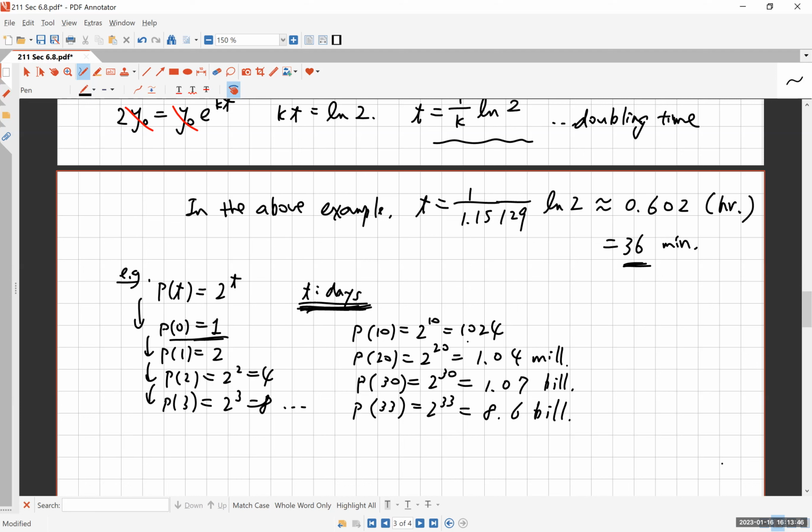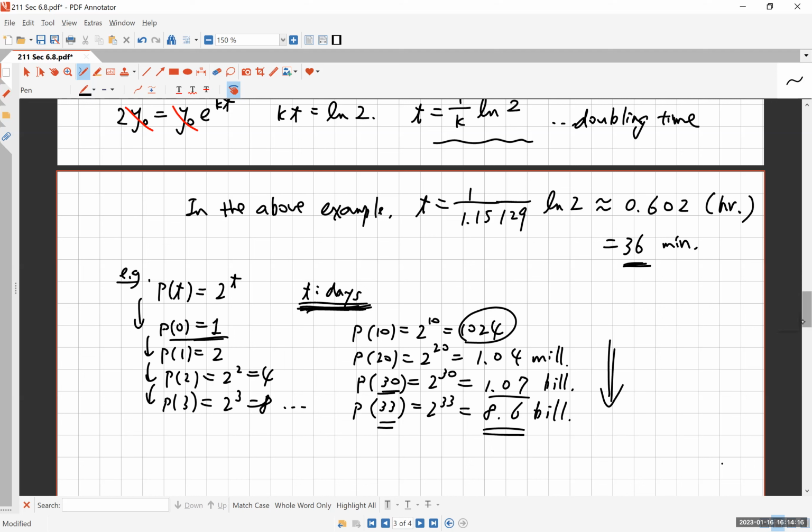Okay, after 10 days, you have 1,000 people using that app. But if the doubling continues and it doubles every day, this is hard to believe, okay? But after 30 days, after like a month, you have like 1.07 billion people. And if you wait for 3 more days, by the end of 33 days, you'll have 8.6 billion users. That's like the entire world, you know? So this is crazy, okay?